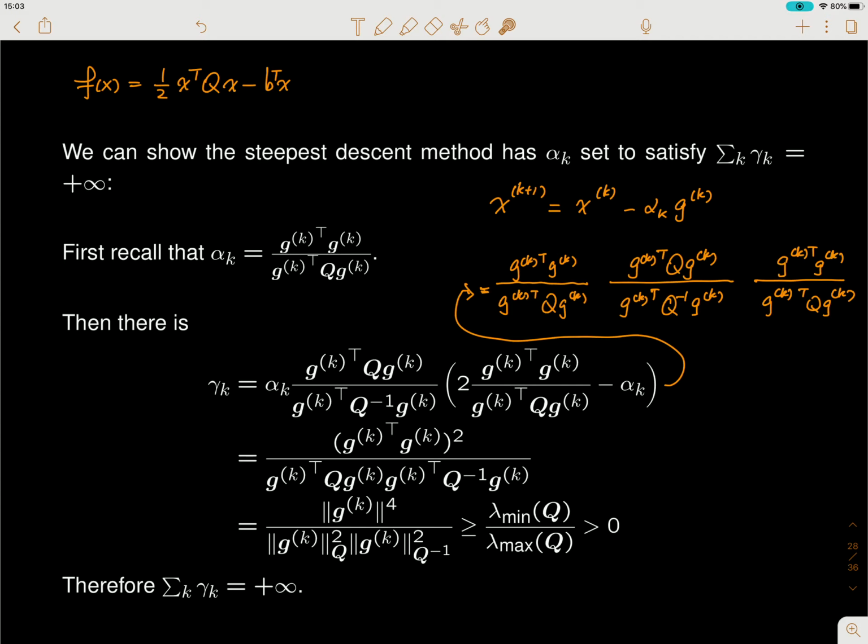So suppose we're still trying to solve this problem, where this function f is quadratic, and we do this gradient method with constant step size alpha.